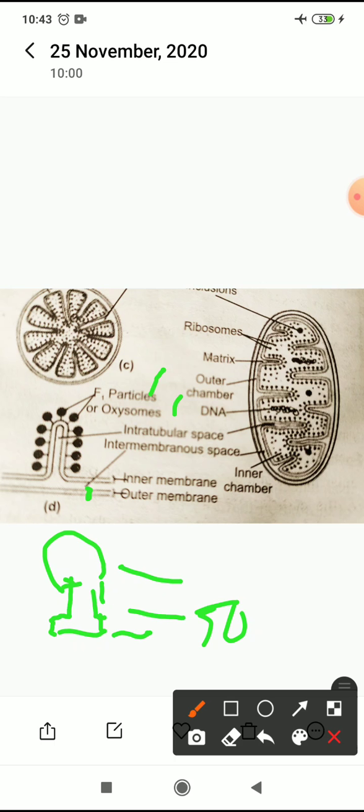Now function of mitochondria. So we all know that mitochondria are concerned with generation of ATP, and thus they are called powerhouse of the cell. In aerobic cell, ATP generation is made by this cell organelle, that is mitochondria.